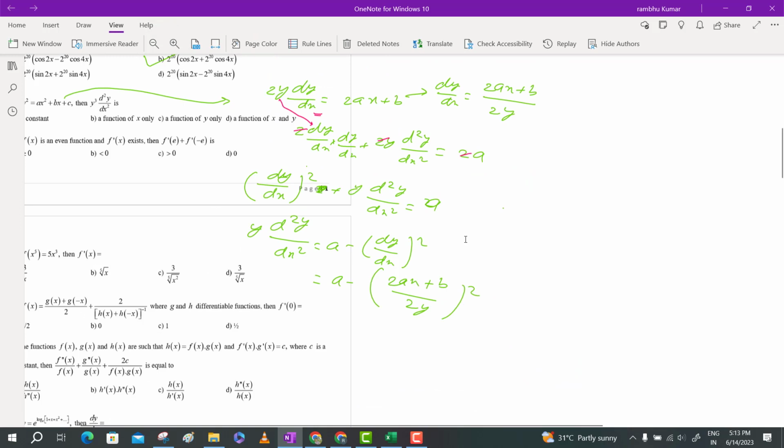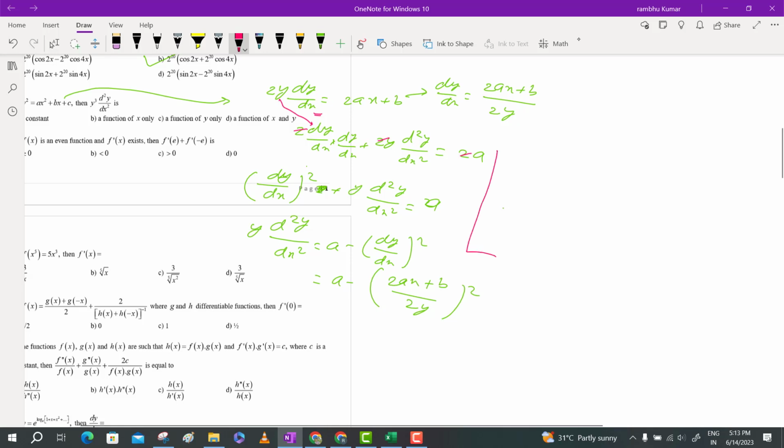Okay, now see here, this one we will have y d square y divided by dx square equal to a minus dy divided by dx whole square.